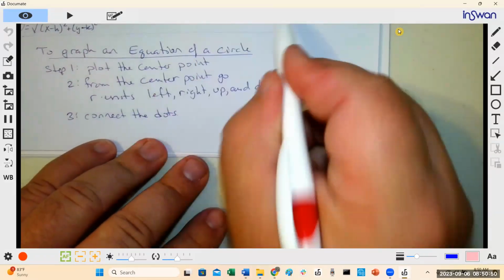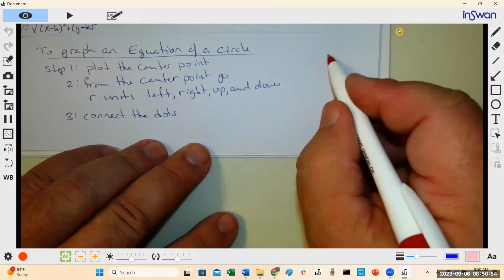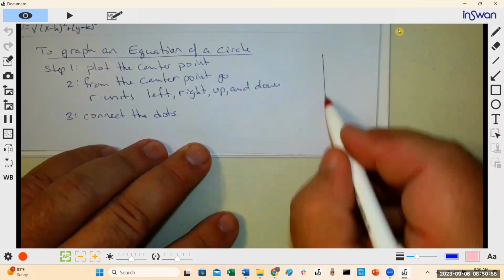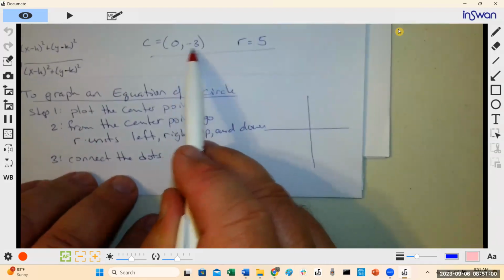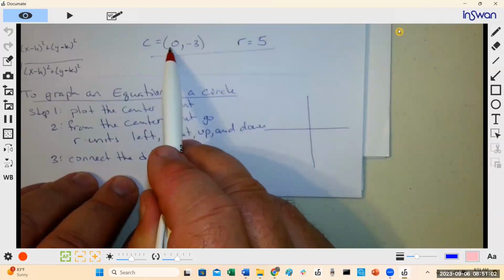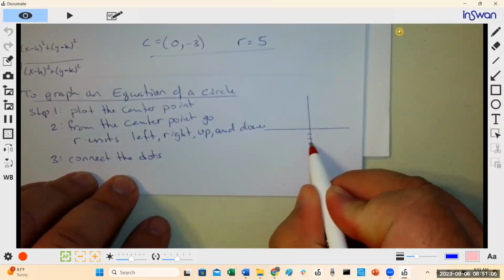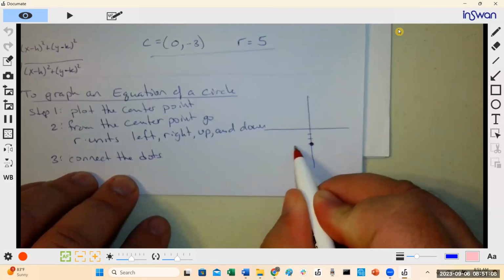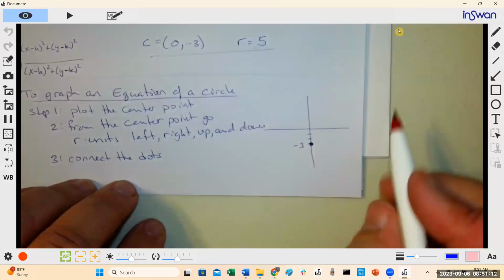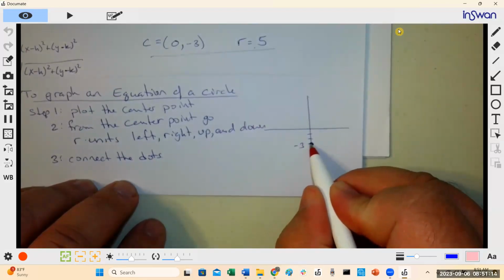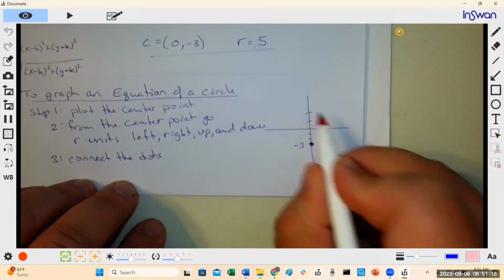So let's look at this one. If I was going to draw that one, I would first plot the center, which is at 0, -3. Now, the radius is 5, so I go up 5 from here. 1, 2, 3, 4, 5.